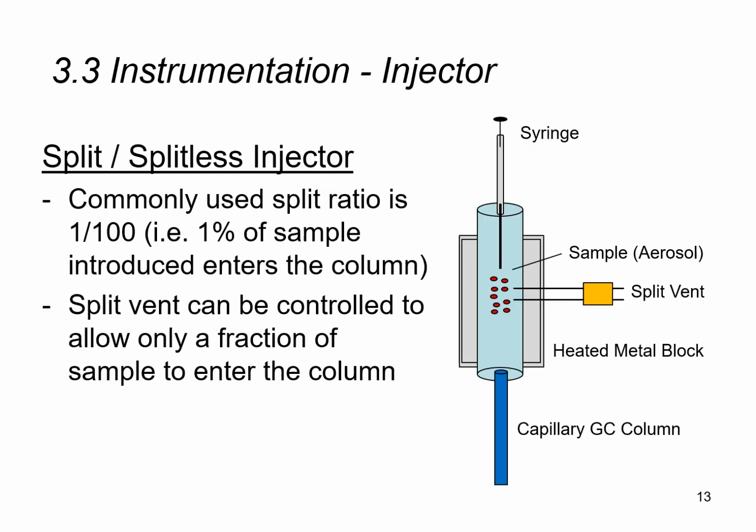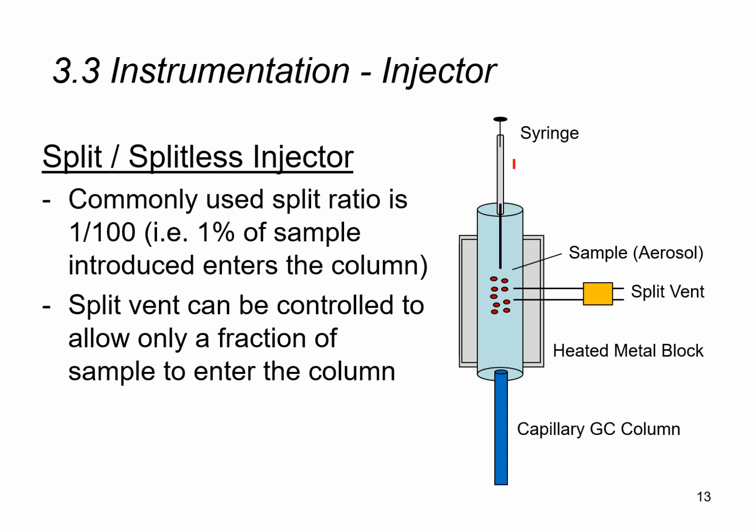So quite simply, on the right you see a schematic of such an injector. So we have our syringe with our sample in a liquid form, and it's typically injected into this injector port.